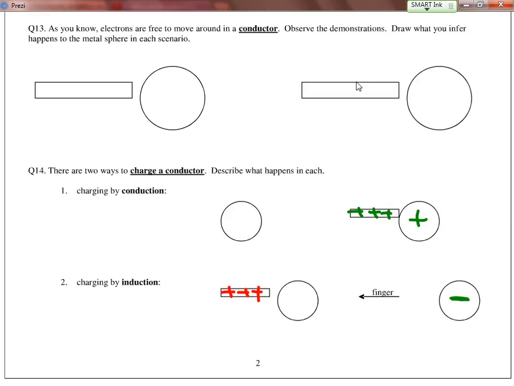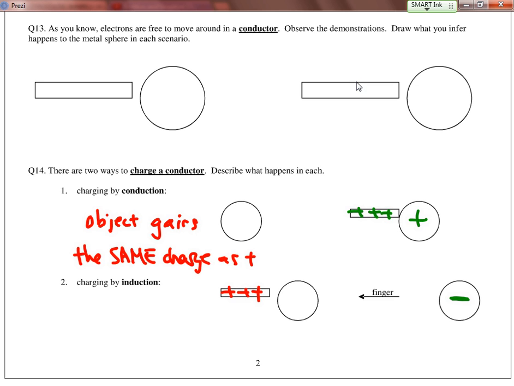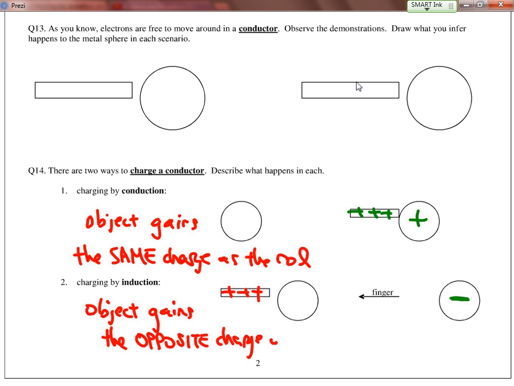So charging by conduction, the object gains the same charge as the rod, while charging by induction, the object gains the opposite charge of the rod. Okay? So, conduction versus induction.